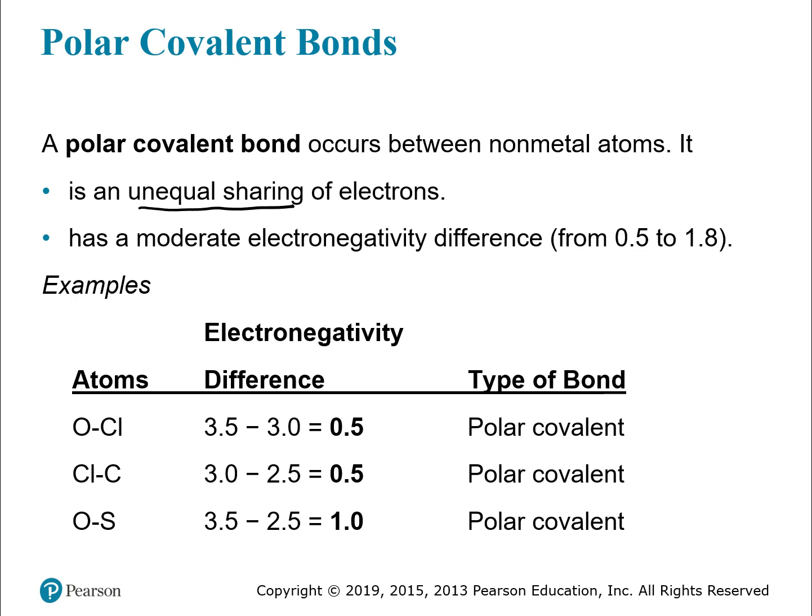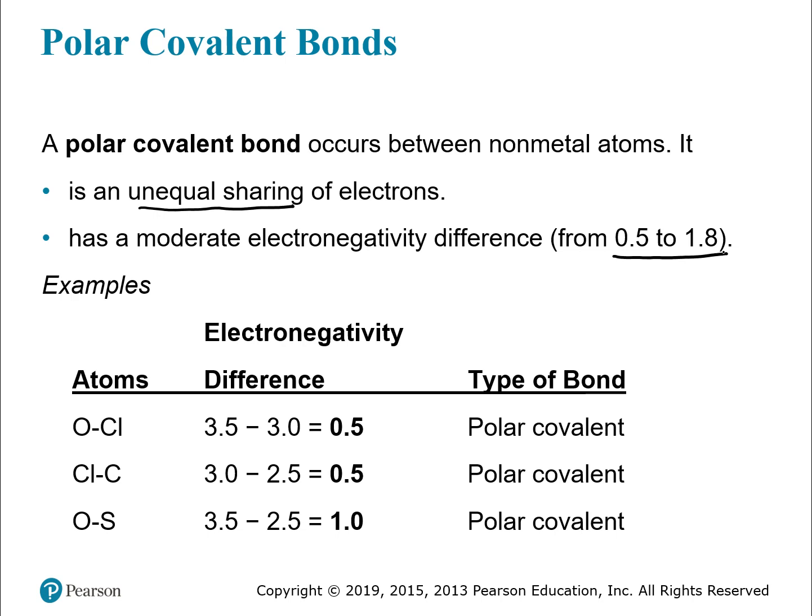There's a moderate difference in electronegativity between the two atoms that are bonded together. So you're looking at a difference of 0.5 to 1.8. That's a bit broader than the nonpolar covalent bonds, right?